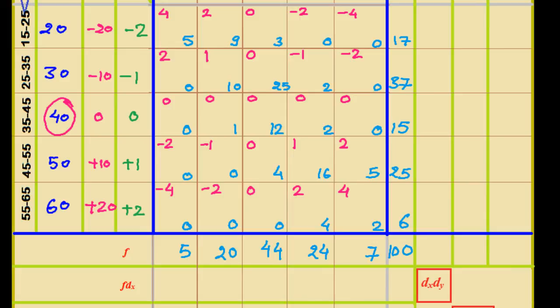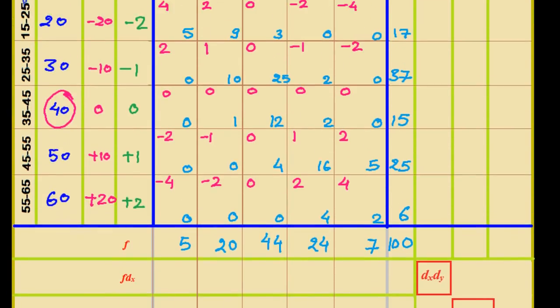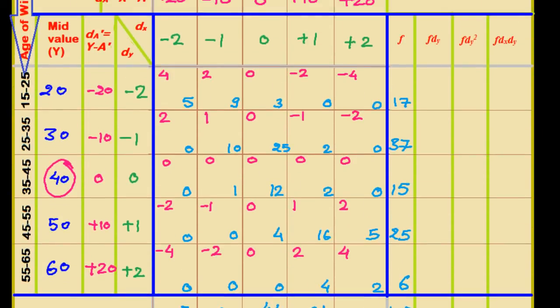Now what we have to do, we have to find out the f dx dy. First of all, f into dx dy. It means we have to multiply: this is our dx dy, this is our f, so we multiply both and write it in the center.